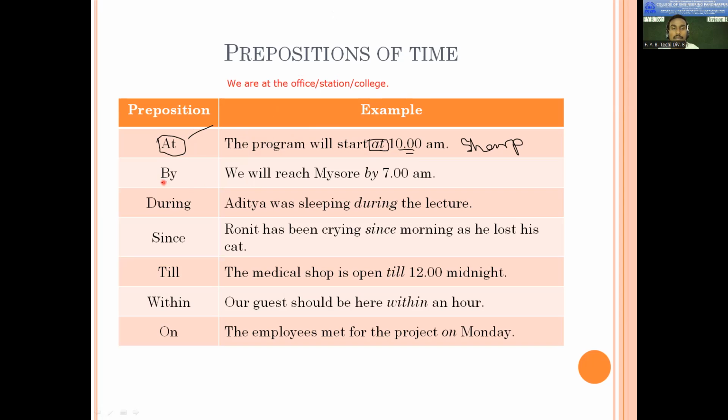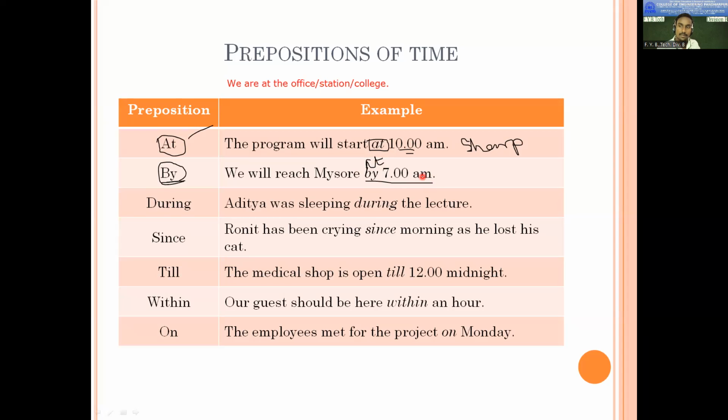The next, "by", can be used for a number of reasons. You can see here: we will reach Mysore by 7 a.m. What do you mean by "by 7 a.m."? If it is at 7 a.m., it is sharp; but if it is by 7 a.m., it can mean we reach at 6:30, 7 or 7:30.